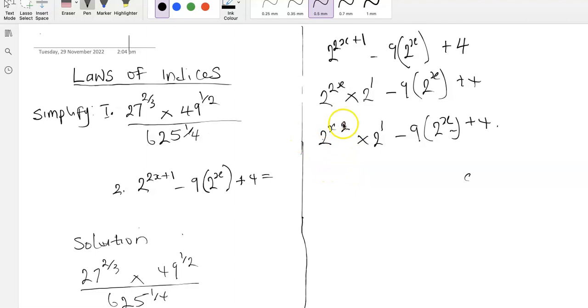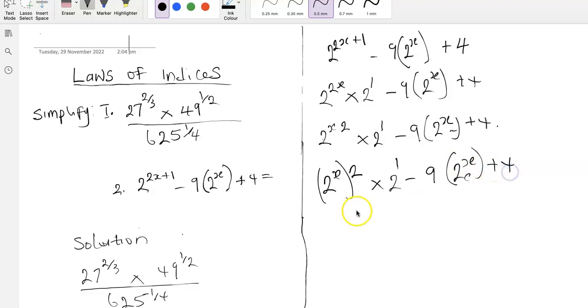So it's the same, I just change the positions. So what we'll do is to isolate them. Let's say 2 raised to 2 times 2 raised to 1 minus 9 times 2 raised to x plus 4.